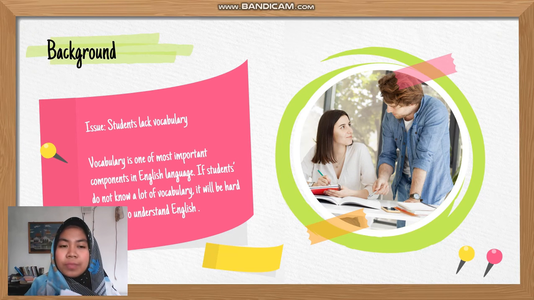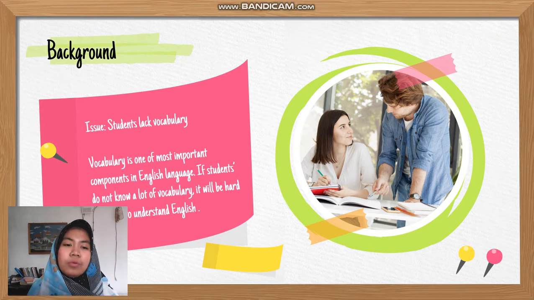The issue in this research proposal is that students lack vocabulary. This issue showed up after I noticed that students have problems mastering vocabulary, and I think it is interesting to study.